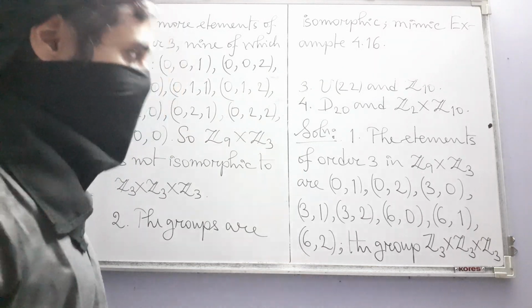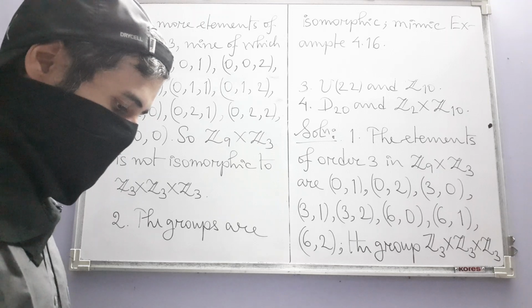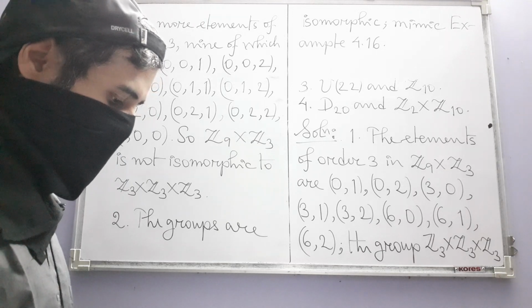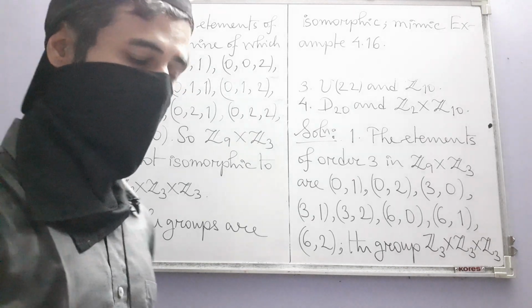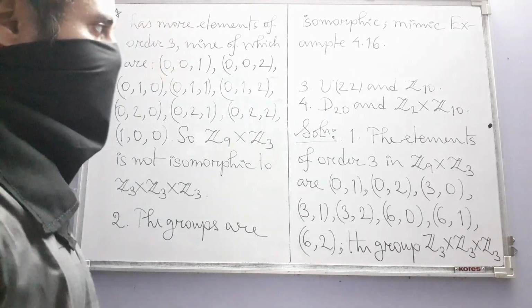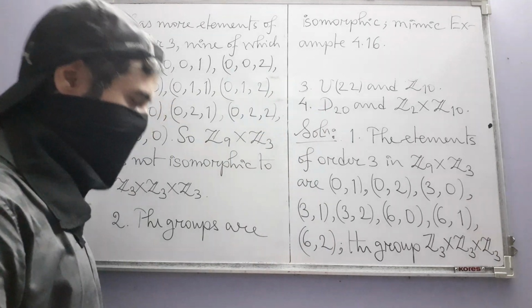Then the third one. Okay, so what about the third one? Yeah, these two groups, U22 and Z10, are also isomorphic, and this fact comes from a theorem that you find in this section itself. And the theorem is this.